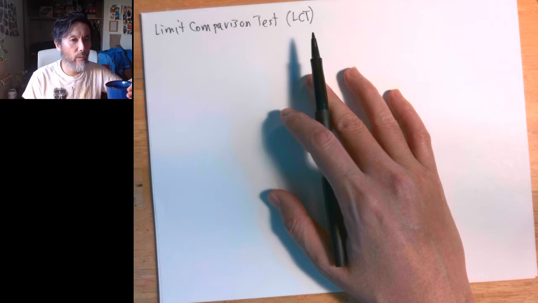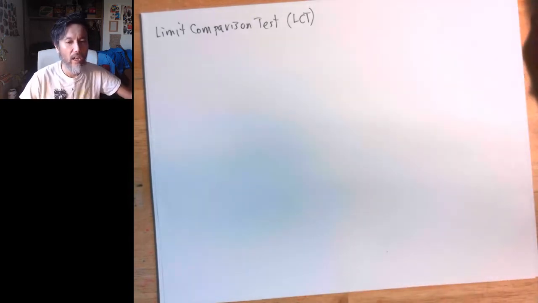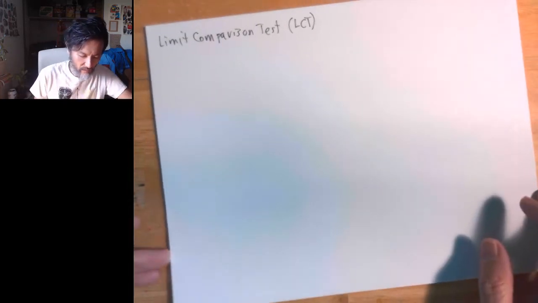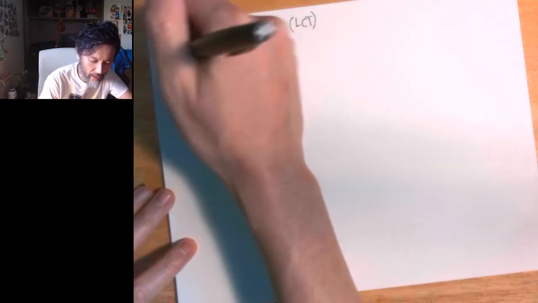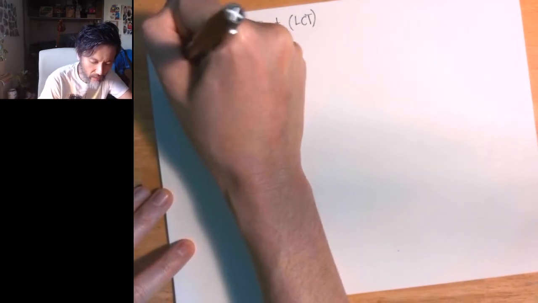Okay, limit comparison test. Well, what I want to say is what the result is. So let me just write it down. The limit comparison test says the following thing.